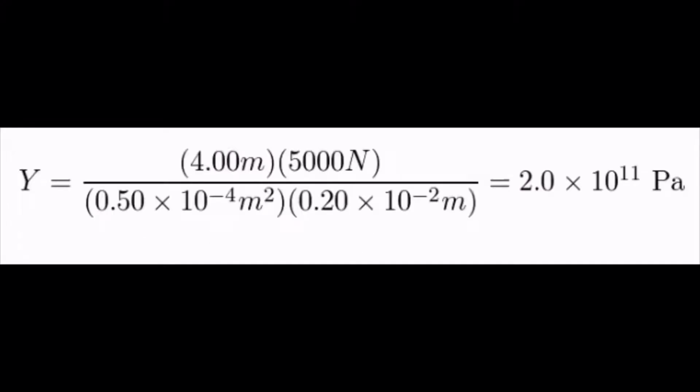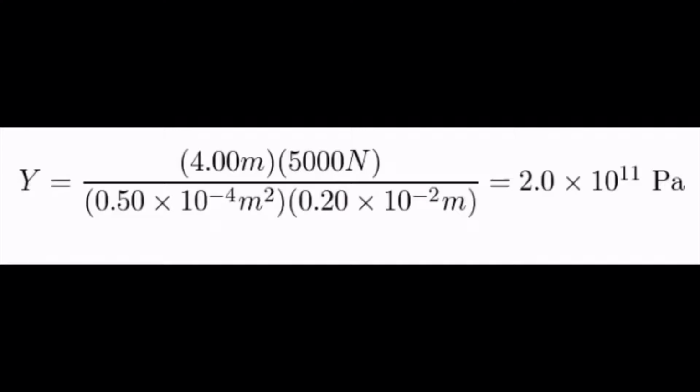Now, for the final step, let's plug in all our variables to arrive at our answer. We have the 4 meter long rod times the 5,000 newtons acting on it, over our area times the change in its length, which is 0.2 times 10 raised to negative 2 meters.